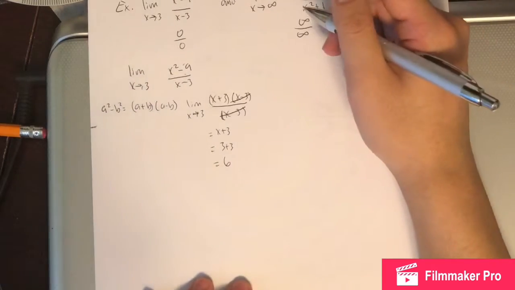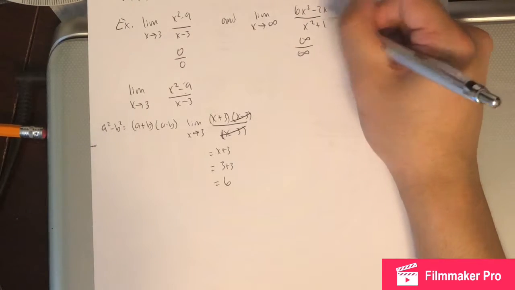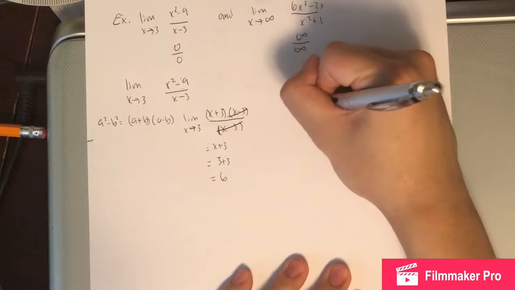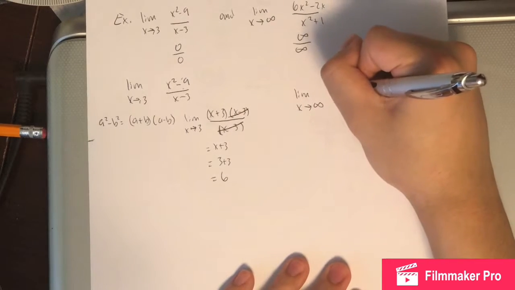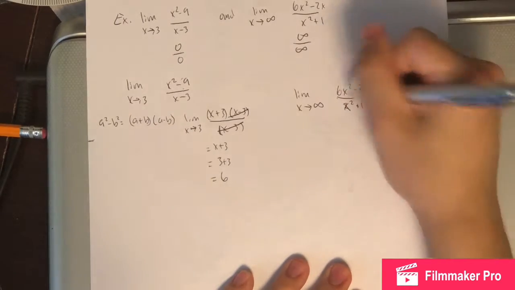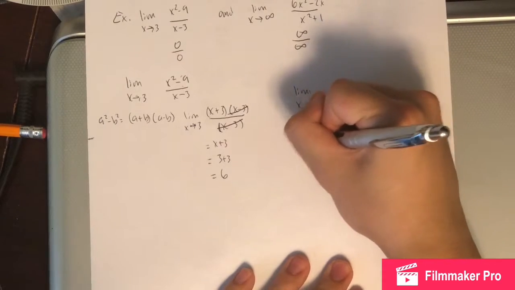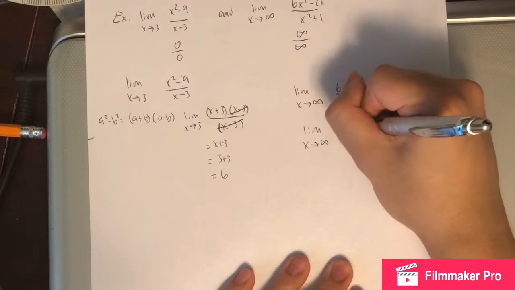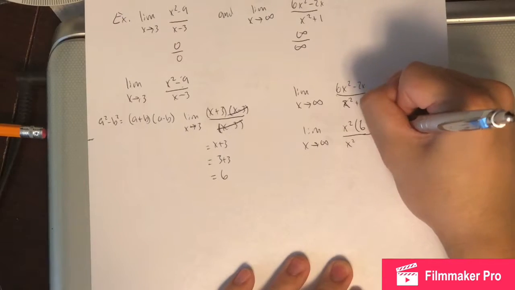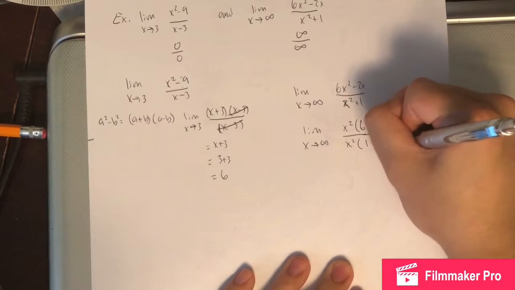For the limit of x to infinity of 6x squared minus 2x over x squared plus 1, we can simply take out the x squared from both. So we would have the limit of x to infinity of x squared over x squared times 6 minus 2 over x, and this one would times 1 plus 1 over x squared.